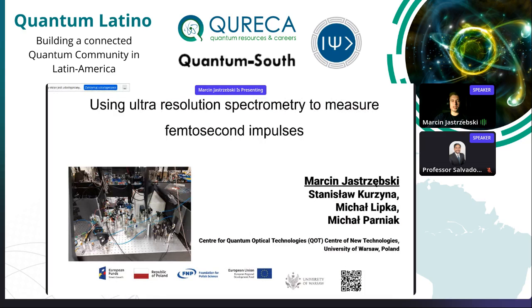And here we had an idea how to measure those pulses, because there are some methods, but they all have their flaws. So let me now tell you something about those femtosecond impulses. As I said, they are very short in time, so we know exactly when the photons will arrive.